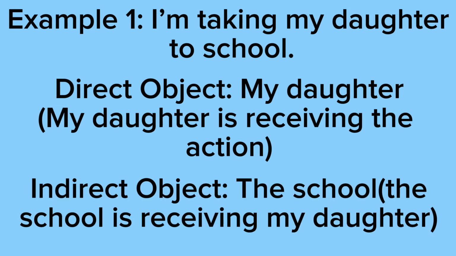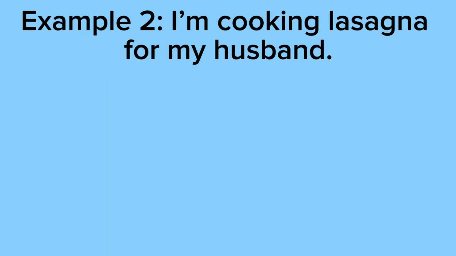And being that the indirect object is the recipient of the direct object, that means the indirect object would be the school, because the school is the one that's receiving my daughter, which is the direct object. The second example says, I'm cooking lasagna for my husband.